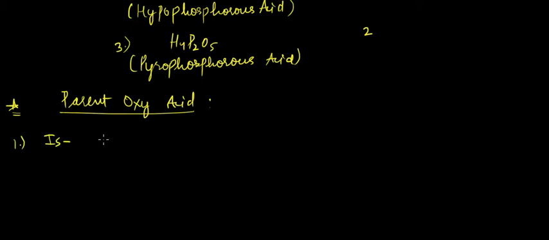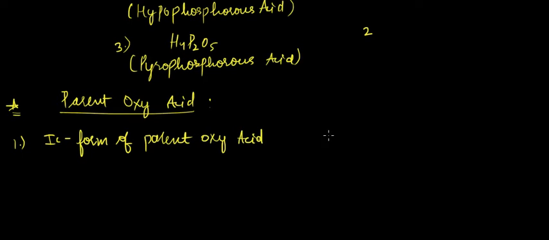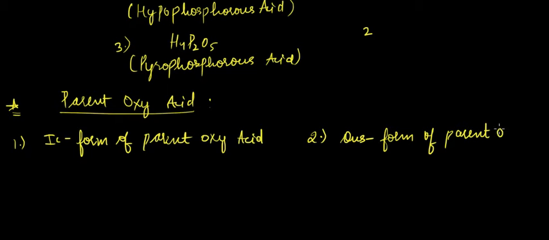First is the ic form of parent oxy acid, and second we have the ous form of parent oxy acid.